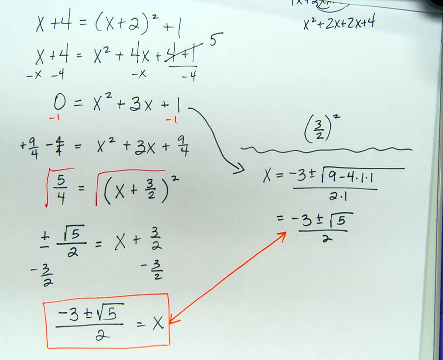But we have to be careful, don't we? This solves either completing the square or the quadratic formula. Where is the solution to my system? Where am I looking for my solutions?